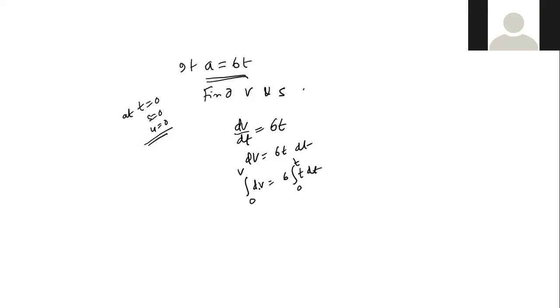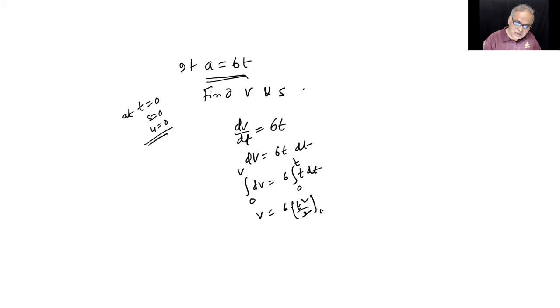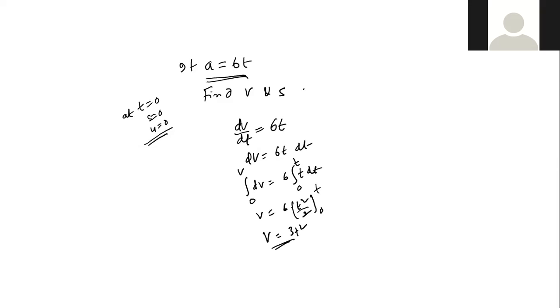Which is v equals 3t squared. 6 times t squared by 2, between 0 and t. So v equals 3t squared. So v equals ds by dt.